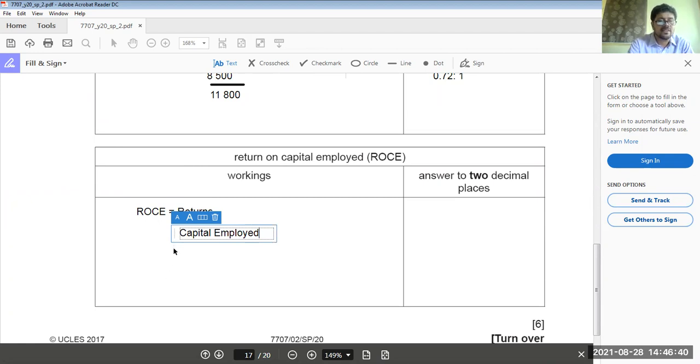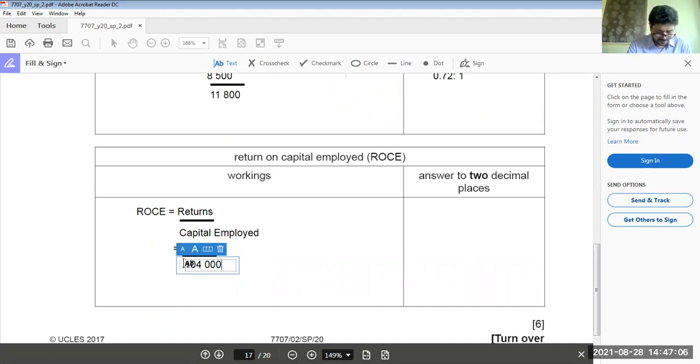Okay. So now in this question, the return is 9,000. Capital employed means total shareholders' equity plus long-term liabilities, because long-term liabilities are not given. So we'll take only shareholders' equity, that was $104,000. Got it?